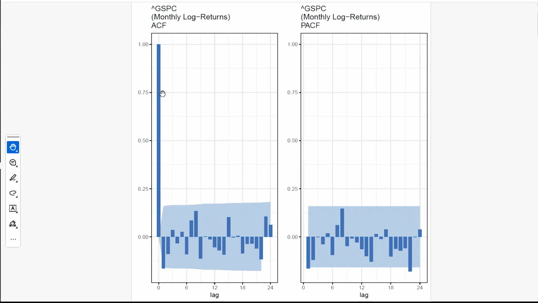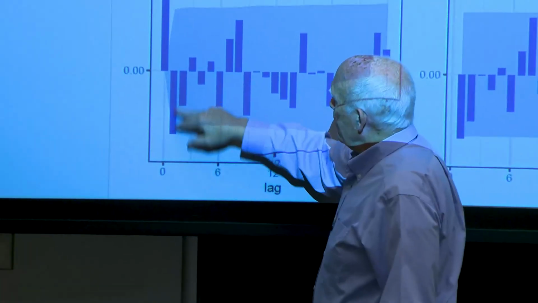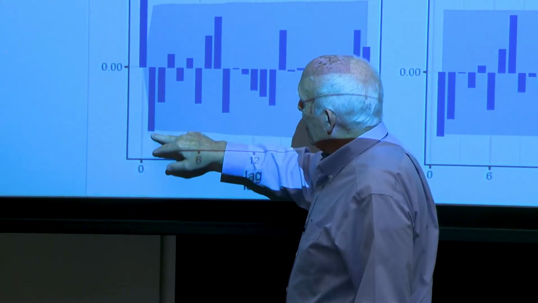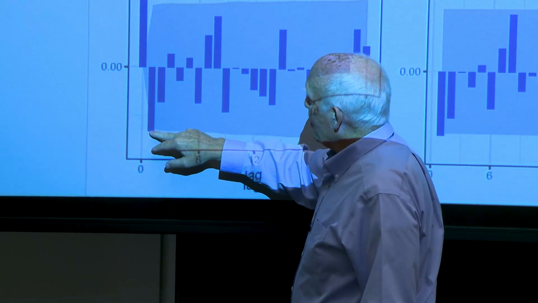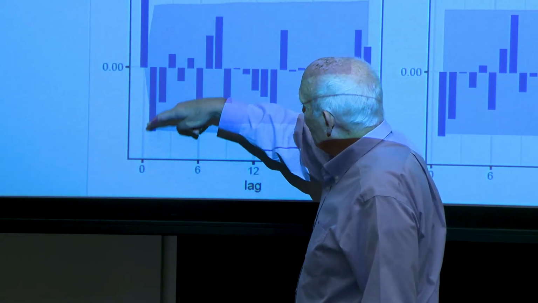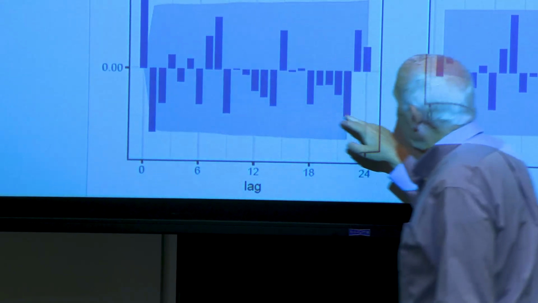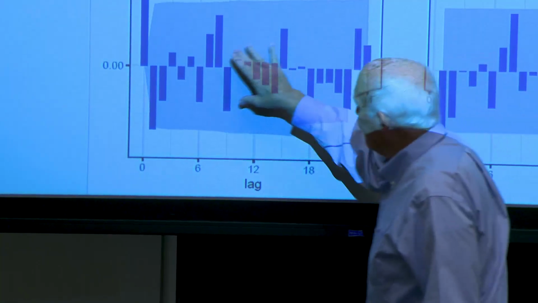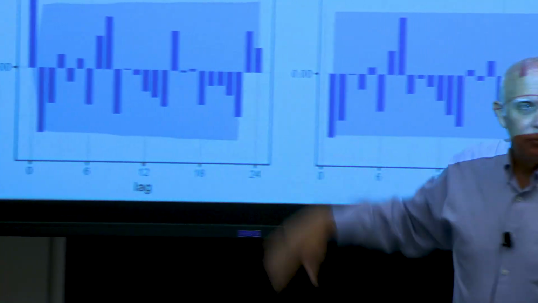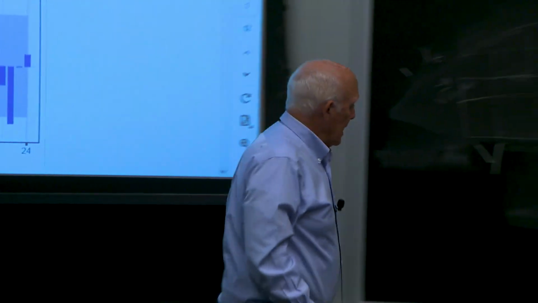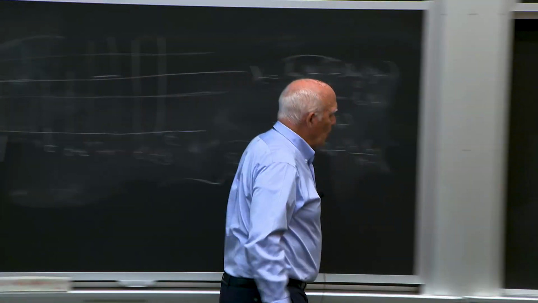Here is the autocorrelation function of the monthly log returns on the S&P 500. And one can see that there actually was a large negative autocorrelation for 1 month apart, and the other autocorrelations varied around this blue range.